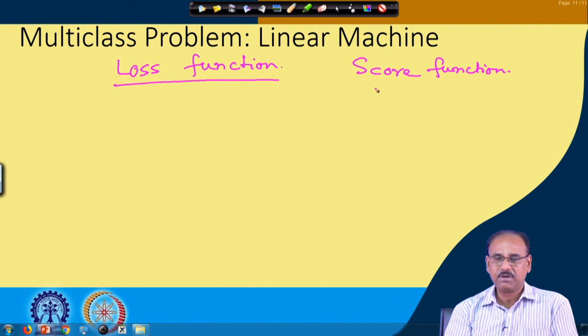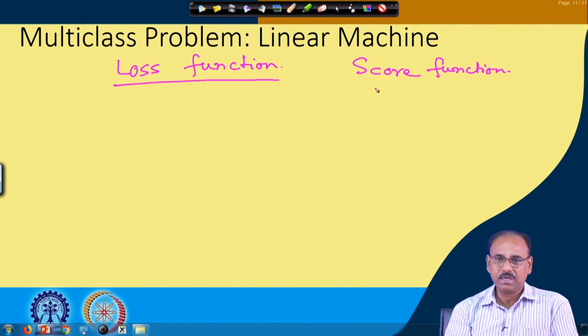That means, if my feature vector belongs to class omega 1, or category 1, then in the score vector that I get, the first component should be maximum and all other components should be less than the first component, so that my classification is correct. If it is not, then I have to go for updation of the parameters of the linear machine, and these parameters are nothing but W and W naught.